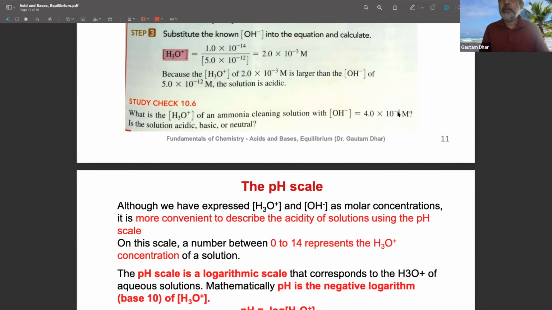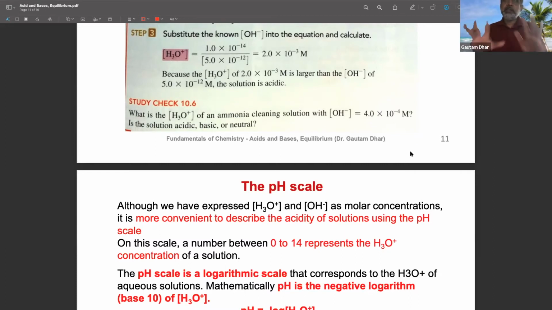I can see this is correct because if you multiply them back, you should get 10 to the power minus 14. Minus 11 and minus 4 is minus 15, and then 2.5 times 4 is 10, so that means 10 to the power minus 14. So it looks correct.